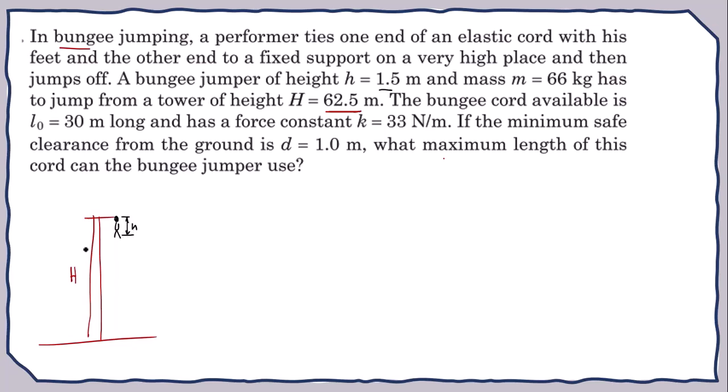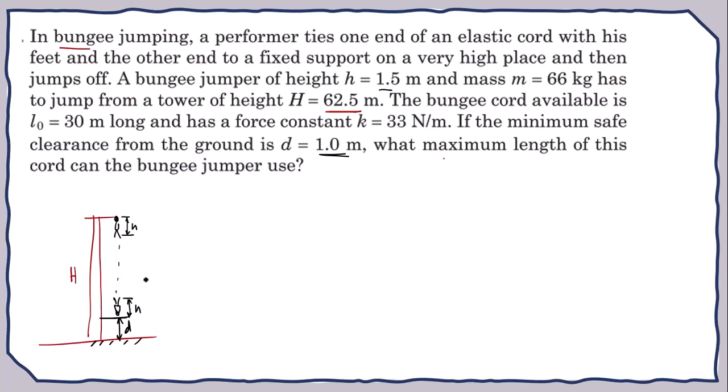He comes downward up to this point, which is at a clearance distance of d from the ground. It is given that the ground clearance should be d. This is the position of the jumper at this point.